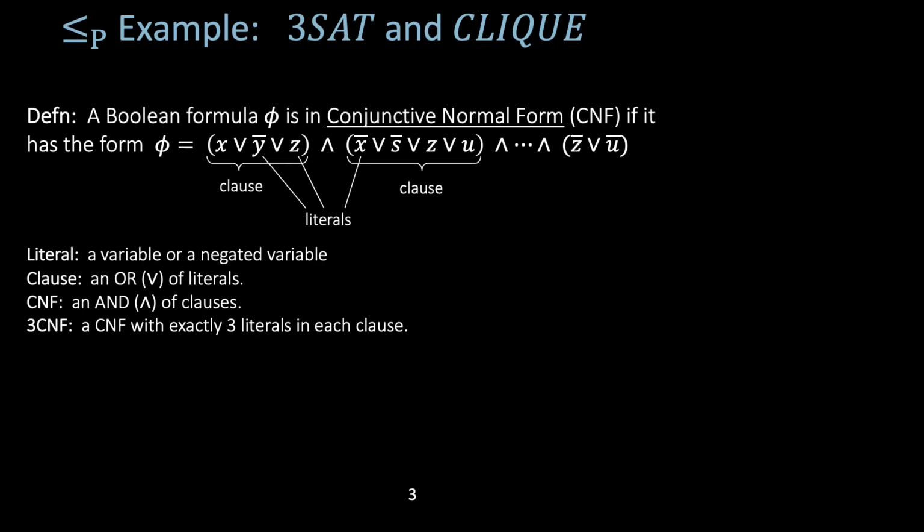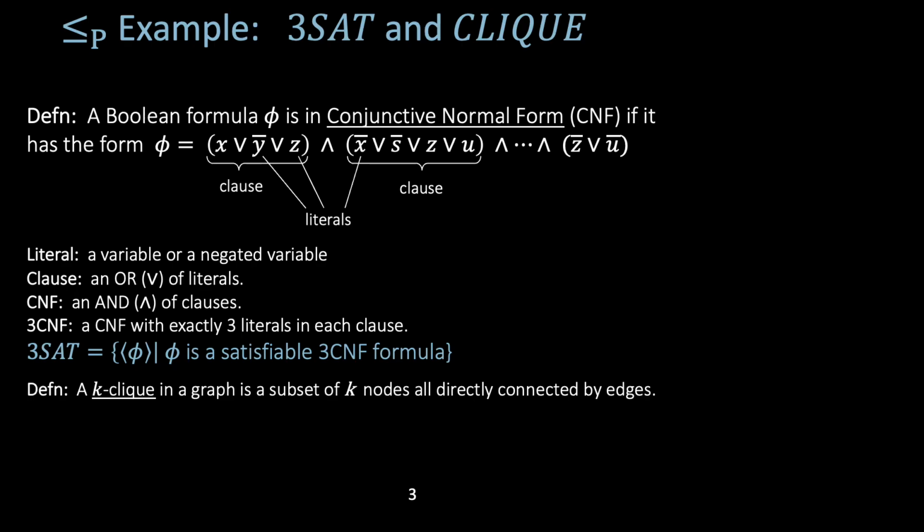Looking at the example I have here, I have (x or not y or z), which is 3 literals, so that would be so far in 3CNF form. But then I go to this next clause, which is (not x or not s or z or u), which has 4 things in it, and that kicks it out of 3CNF. 3SAT is the language of phi, where phi is written in that 3CNF format, and phi is satisfiable.